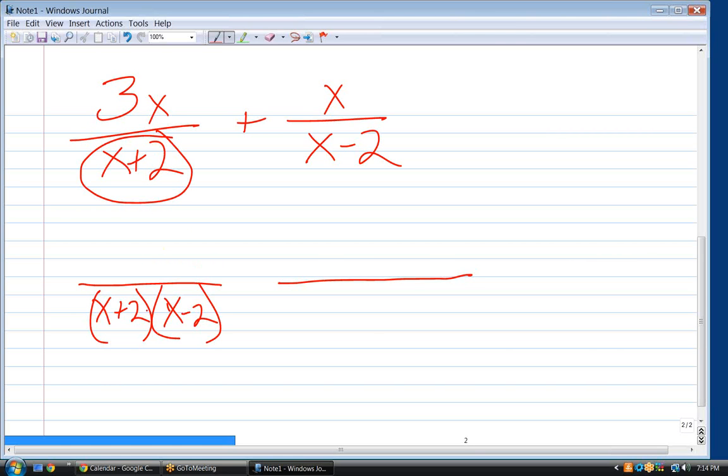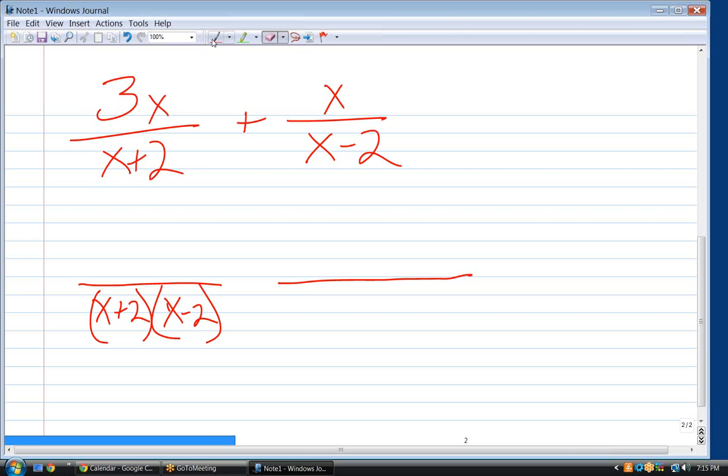Well, x plus 2 divides into that x minus 2 times, and x minus 2 divides into that x plus 2 times. So that is always going to be a common denominator. It won't always be a least common denominator, but in this case it's the lowest common denominator also.